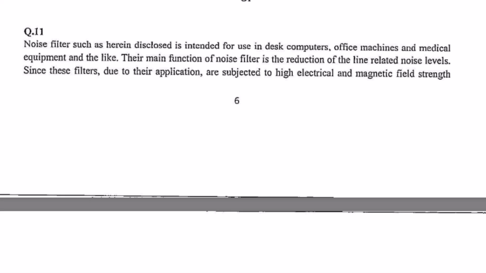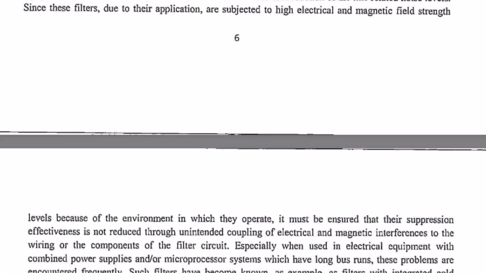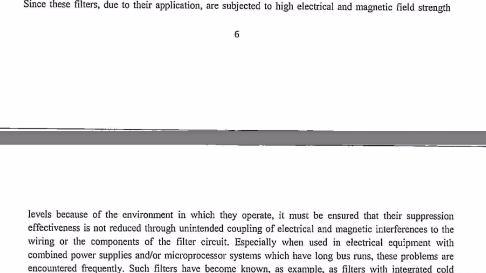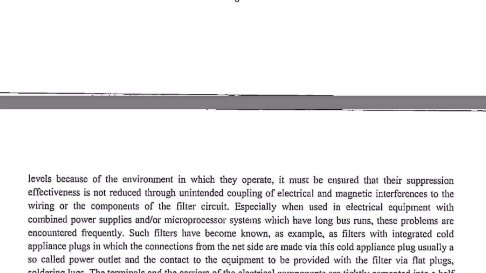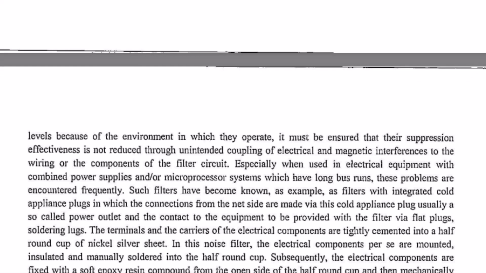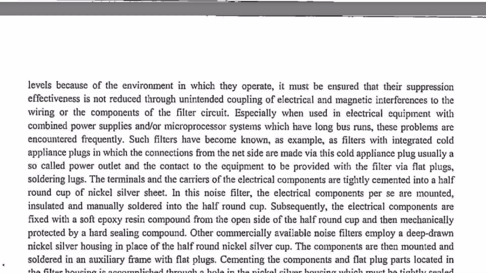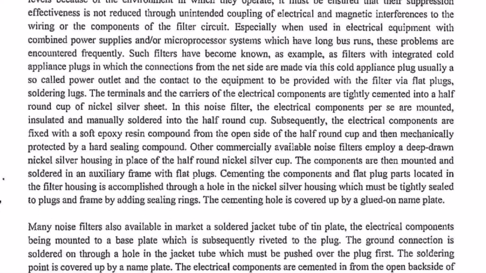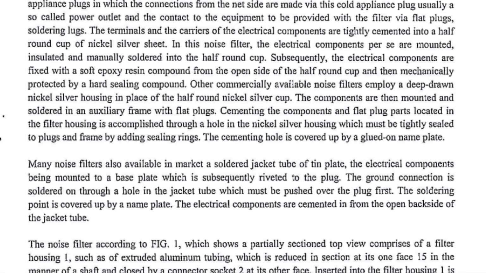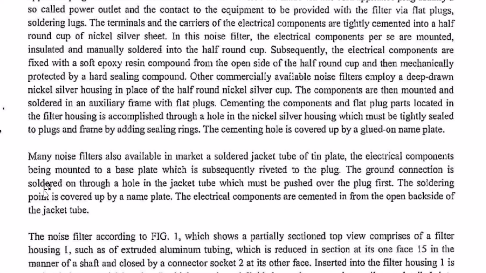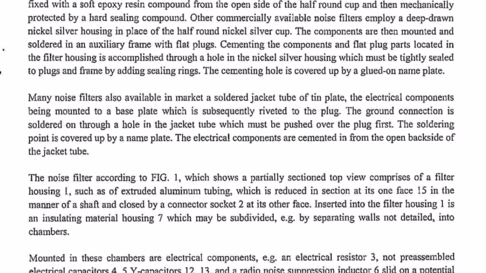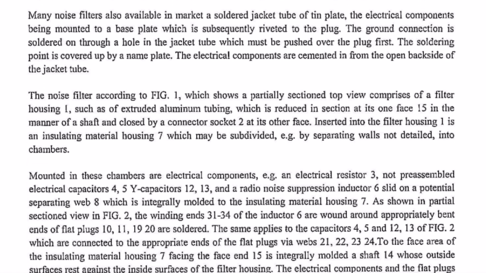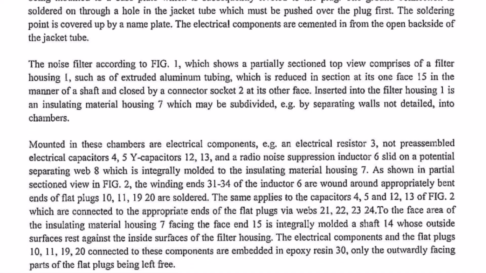The first few paragraphs talk about the background, the requirement of a proper noise filter, and what kind of filters and constructions are available in the market these days. These two paragraphs are clearly talking about the existing prior art. As you move down, the disclosure directly jumps into referring to the figures.